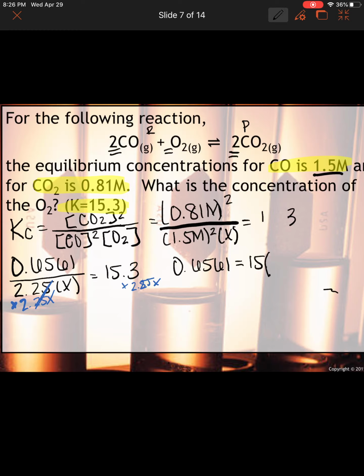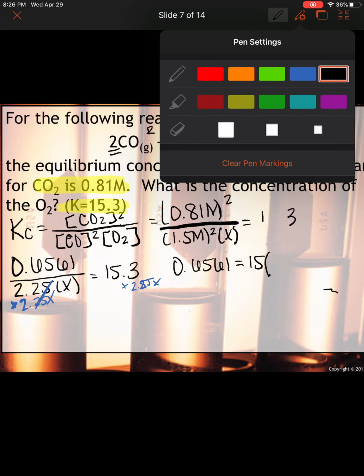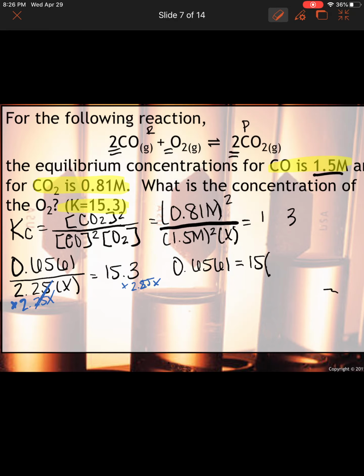I wish there was just like a backspace. This is so hard to do. For whatever reason, when I cover the actual stuff I want to erase, it is erasing on top. So, little technical difficulties, so just bear with my ugly handwriting. I'll just scratch that out, guys. That's easier than erasing. Sorry. Okay, so let's try this again.